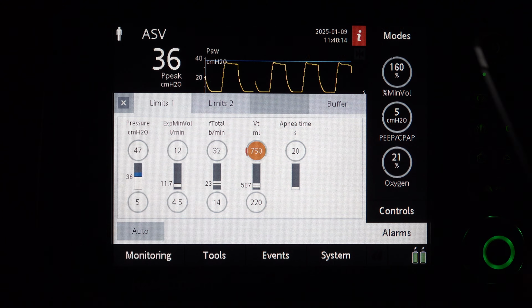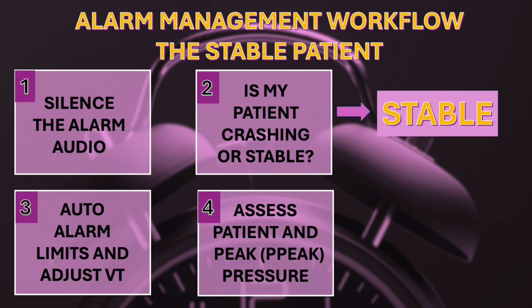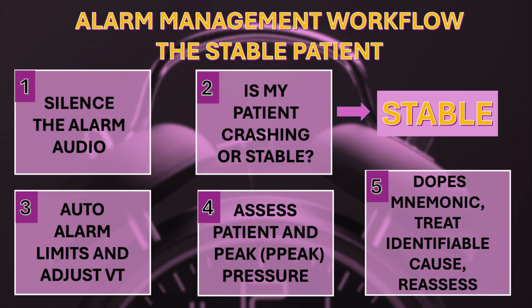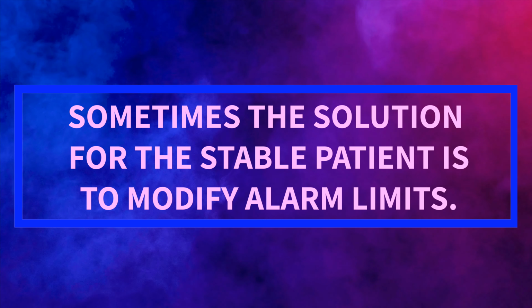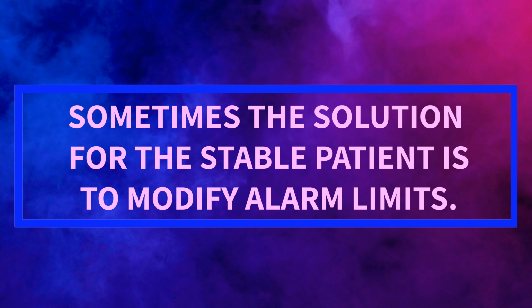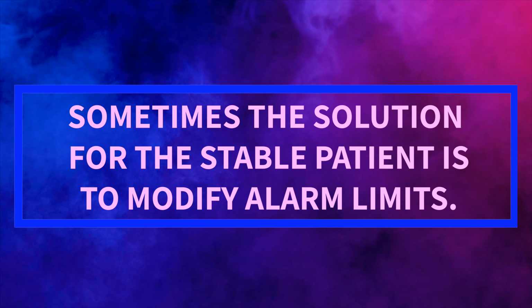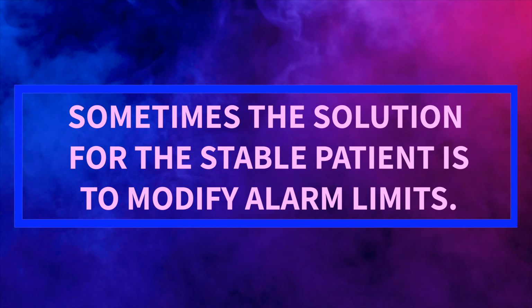In step 4, continuous surveillance of peak pressures and the patient. And in step 5, apply the DOPES mnemonic to address any identifiable causes and reassess. Sometimes the solution for the stable patient is just to modify the alarm limits.